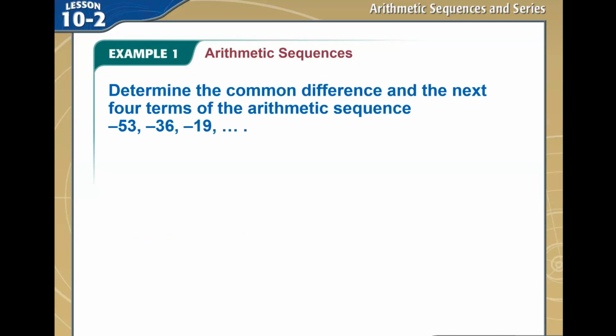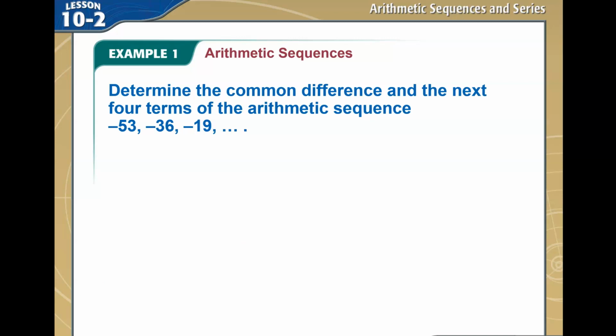Now look at the first example: determine the common difference and the next four terms of the arithmetic sequence. You must be wondering, this is what you were doing in the last lesson, so what is new in this? Let me find the common difference, then I will tell you what is new in this lesson.